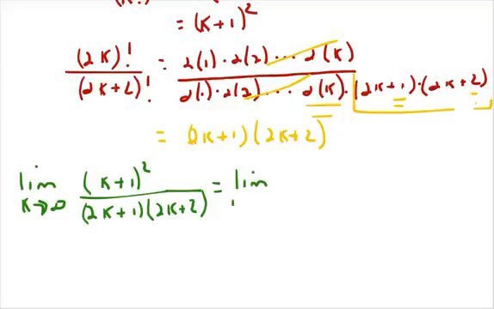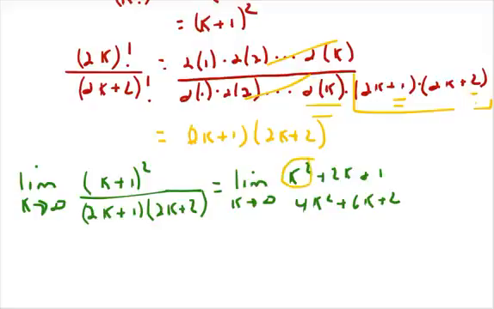This becomes the limit as k goes to infinity of the numerator, k squared plus 2k plus 1, over, FOILing this out on the bottom, 4k squared plus 6k plus 2. You know the highest power is in the denominator, so this thing is going to equal 1/4. Hopefully you can see that without me going through.